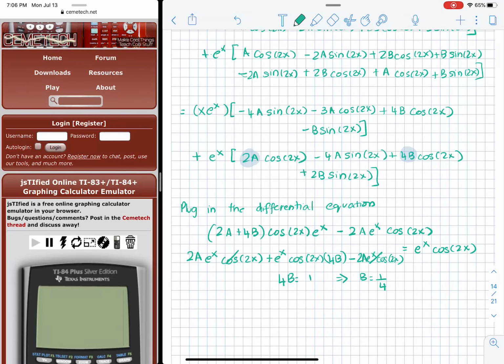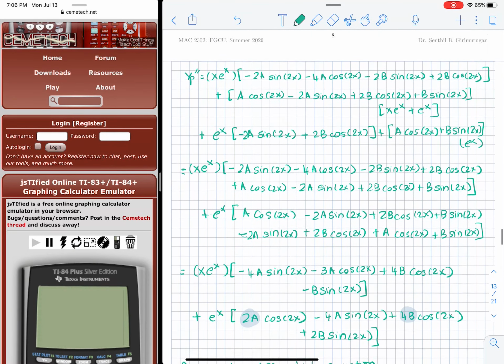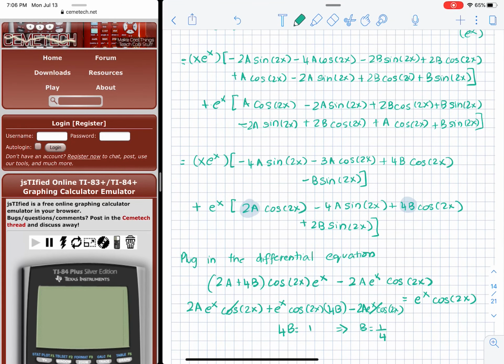which should imply b is 1 over 4. And naturally, if we look at the sine terms, we will recognize that a has to be 0.